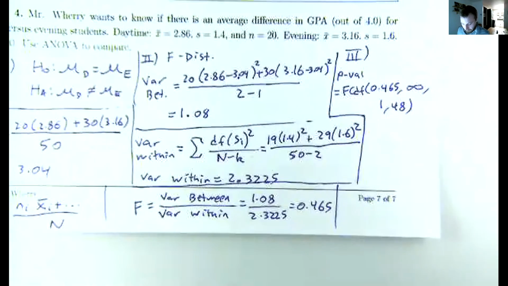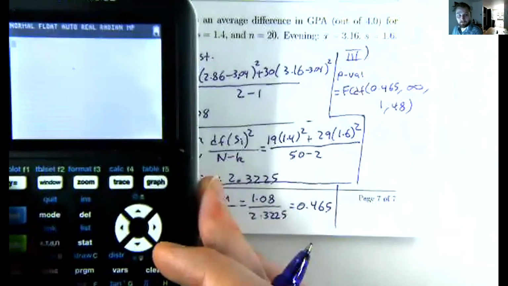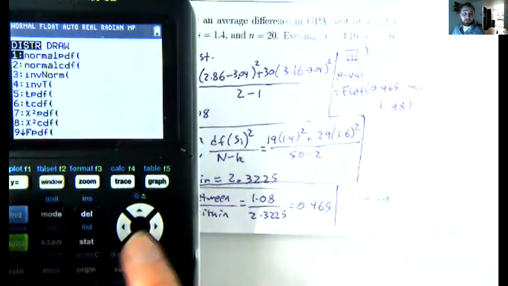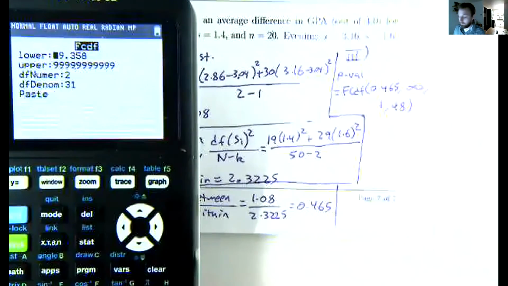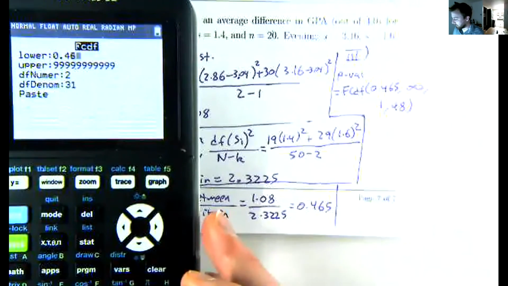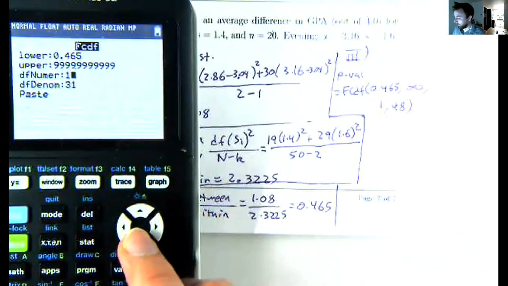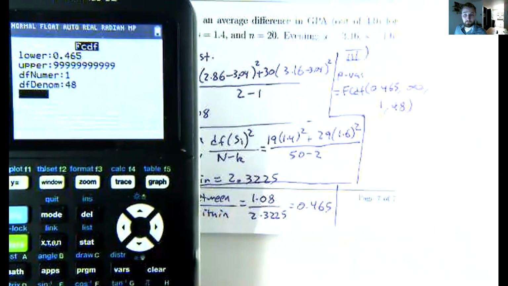I'm typing this into a calculator and I'm seeing what I get. I'm going second, vars, FCDF, 0.465, infinity, 1, and 48.